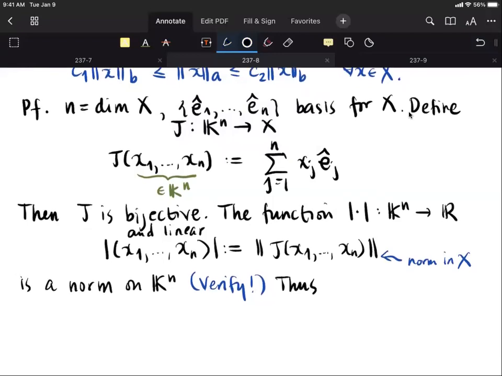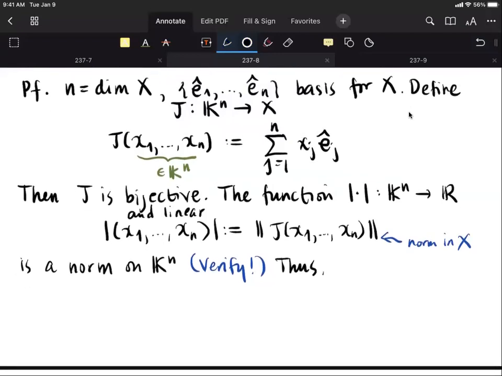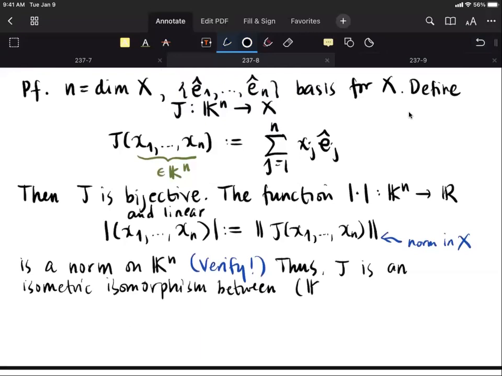Therefore, J is an isometric isomorphism between your space K^n equipped with this norm and X with respect to its norm.